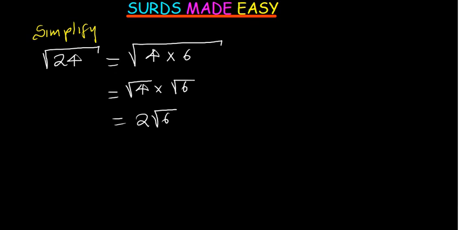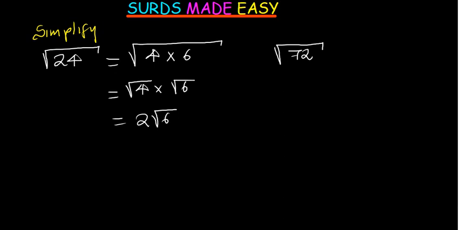Alright, let's say we are talking about the square root of 72. We want to simplify it. Let's divide by the smallest square number that we know. We can start by dividing by 4.